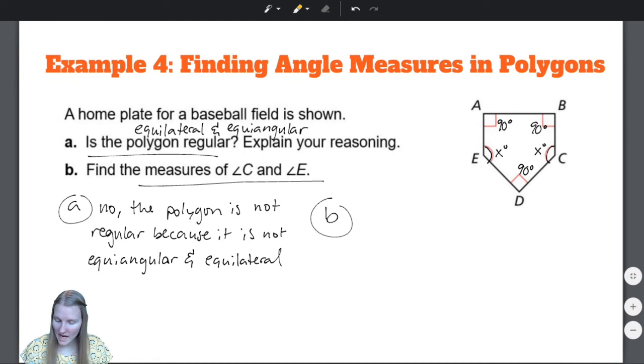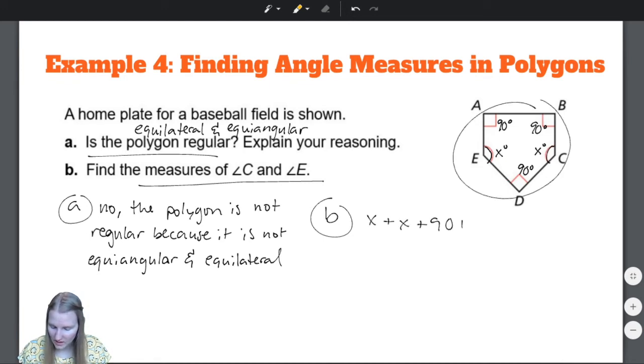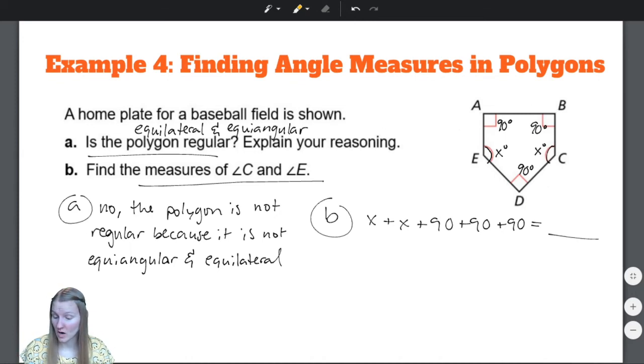So, when I add up all of these, when I do x plus x plus 90 plus 90 plus 90, what should that equal to? Not 180, this isn't a triangle. This also isn't a quadrilateral. There are 5 sides to this shape. So it's not 360.